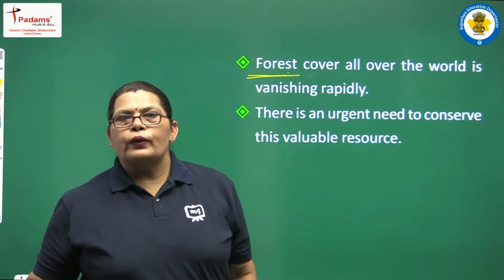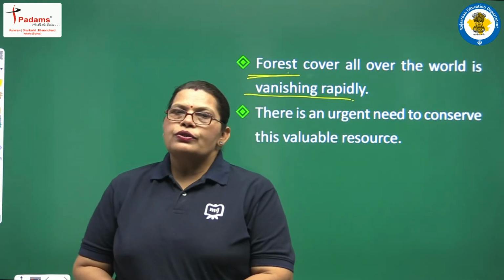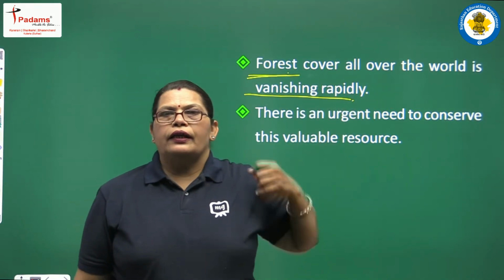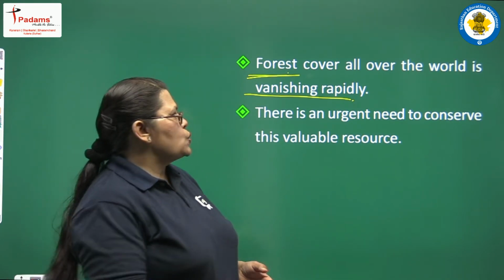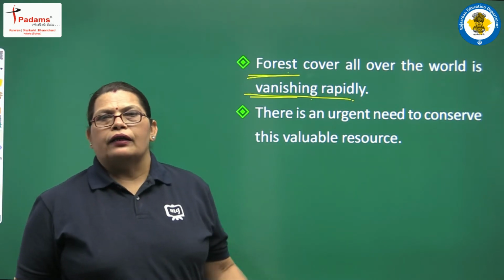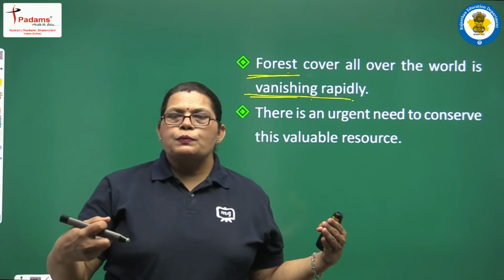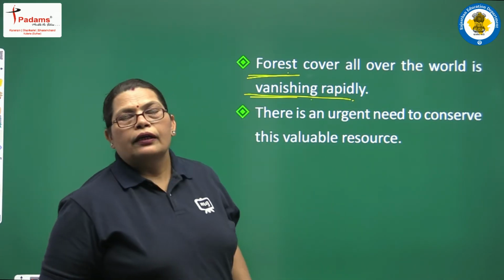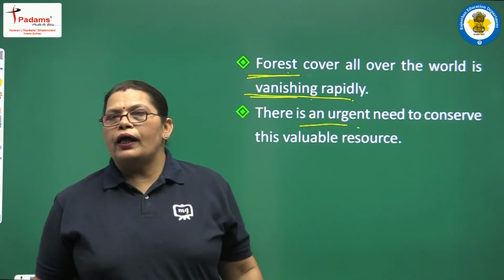Forest covers all over the world is vanishing rapidly. It's okay. Two centuries back we had a great number of forest areas in all of the world, but the present situation is so furious to all of us because these forests are vanishing rapidly day by day, not only from India, not only for special reasons, all of the world we see that these forests are vanishing rapidly day by day, and there is an urgent need to conserve this valuable resource.